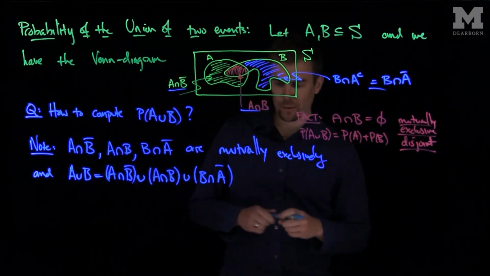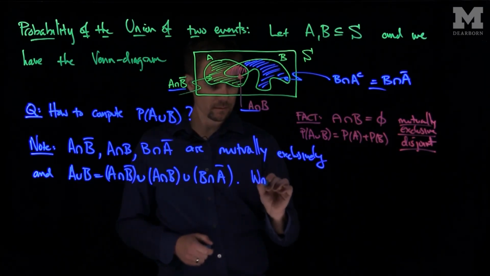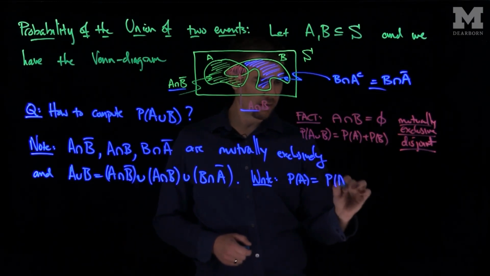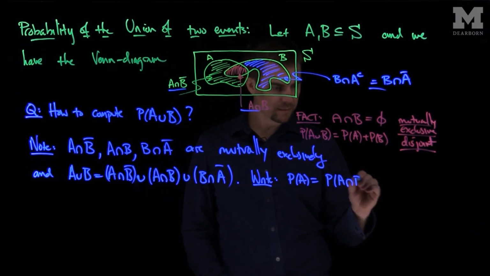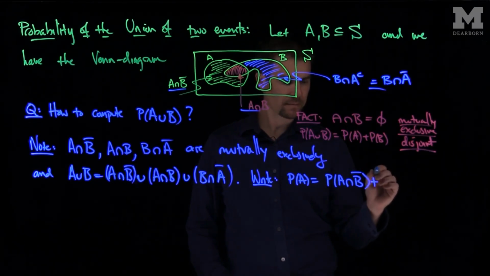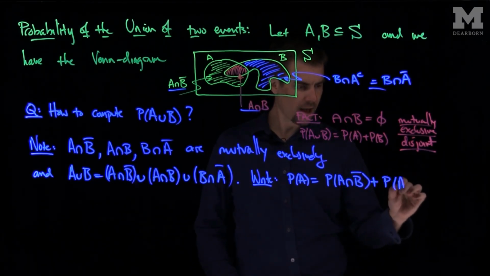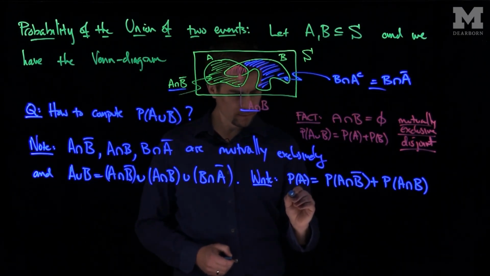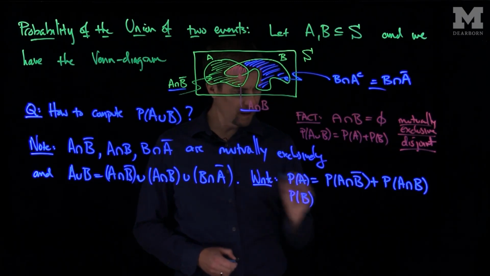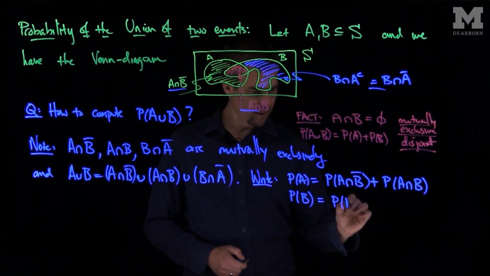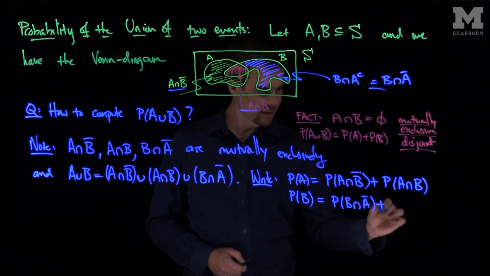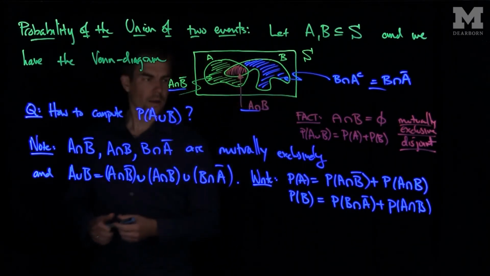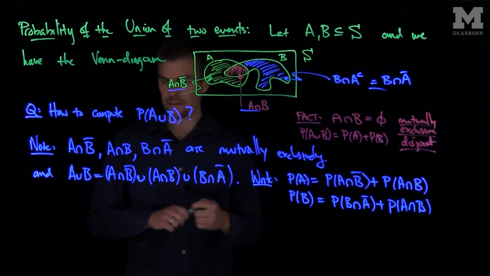And so what we can do now is we can write the probability of A as the probability of A and B complement plus the probability of A and B. And likewise, I can write the probability of B as the probability of B intersect A complement plus the probability of A intersect B. And so now from these relationships, what we can deduce is the following.